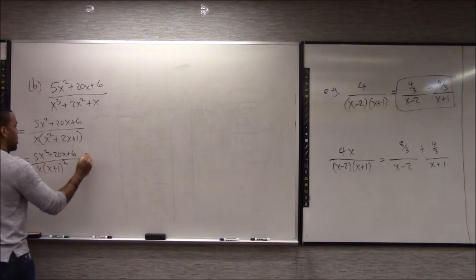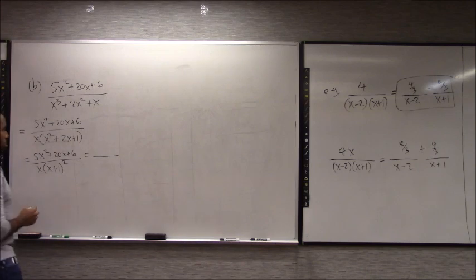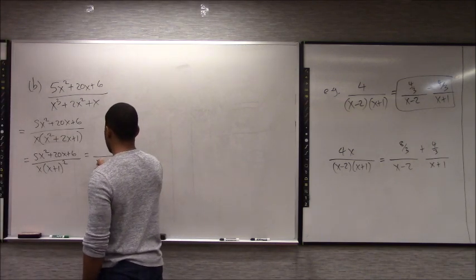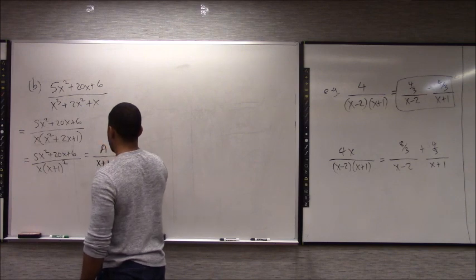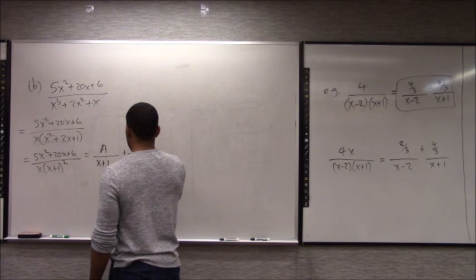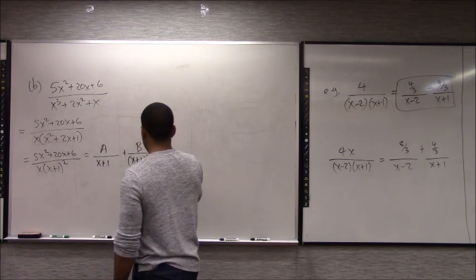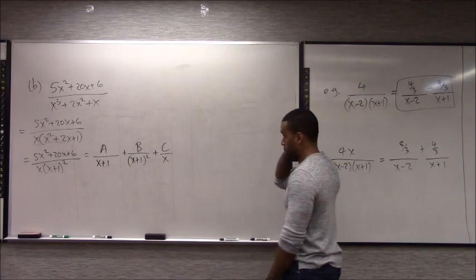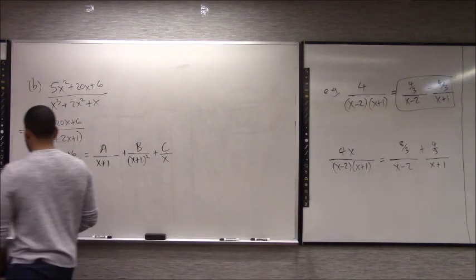And then from there, I made it into a over x, plus b over x plus 1, plus c over x plus 1 squared. So that's how you break it up, based on what we were doing last time.